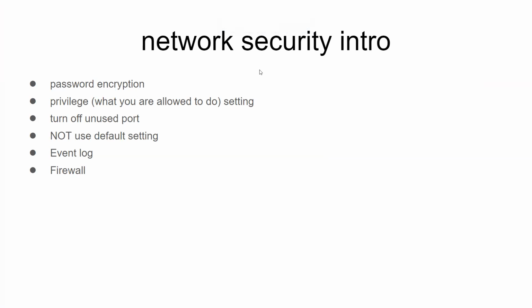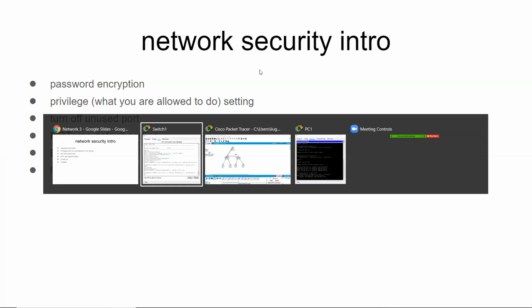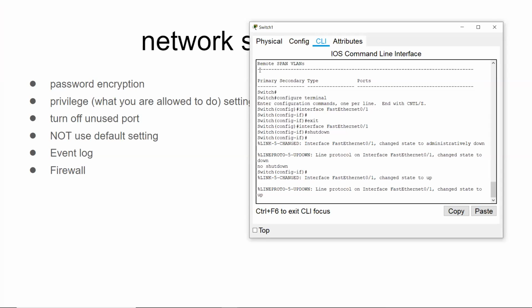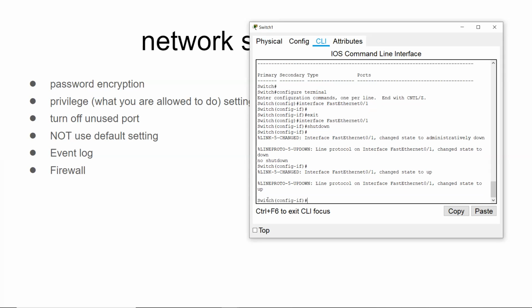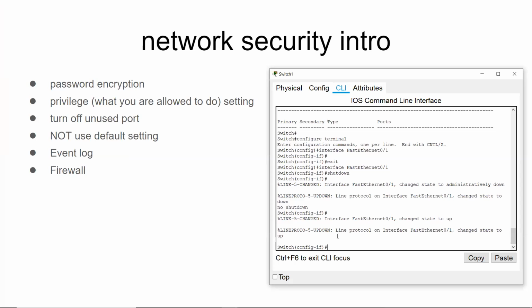So we've got password encryption. Routers and switches, you can add a password to them. Basically, if you add a password, if someone wanted to enable the switch, then the switch would ask for a password before it actually entered enable mode. It's just one simple command.